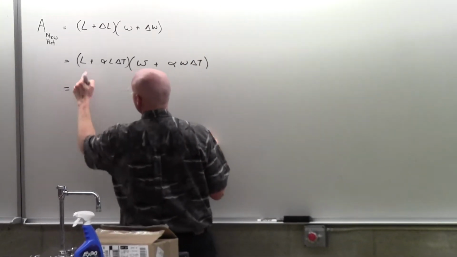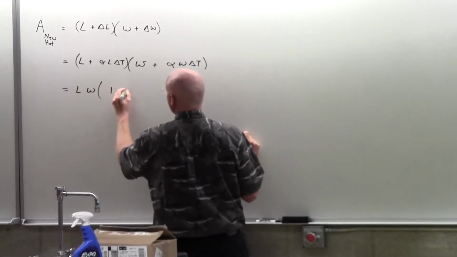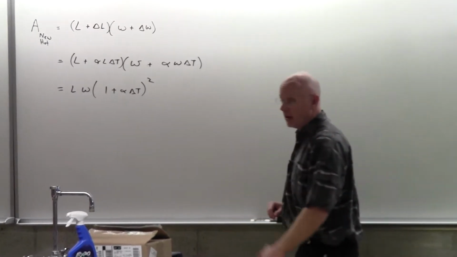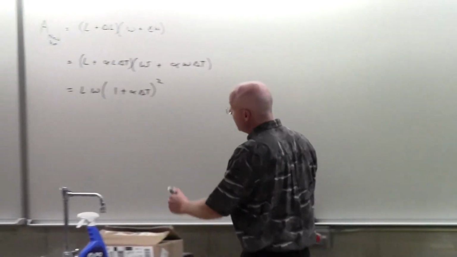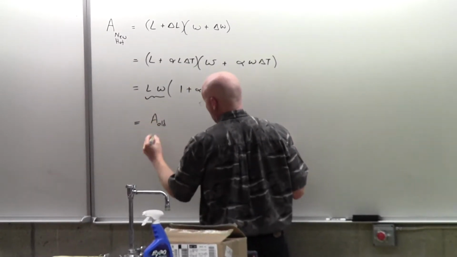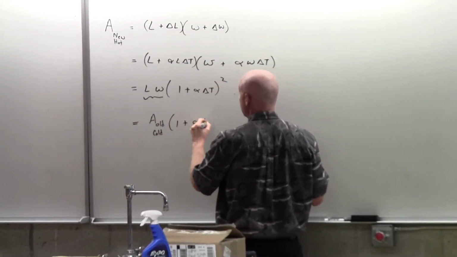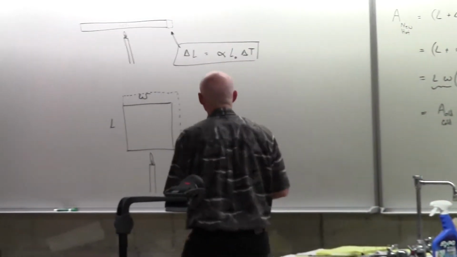If we factor out an L from here and a width from here, we get 1 plus alpha delta T each time, and then we can square it. And in fact, I would write this as the area old, or the area when it was cold. And so this is the multiplication factor of how much did it get bigger.